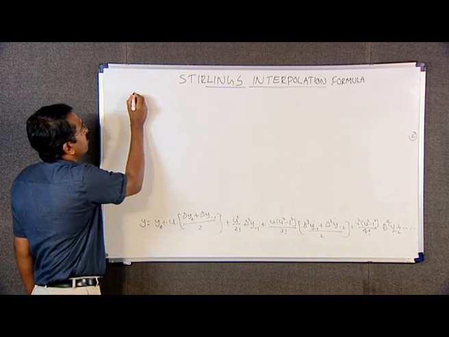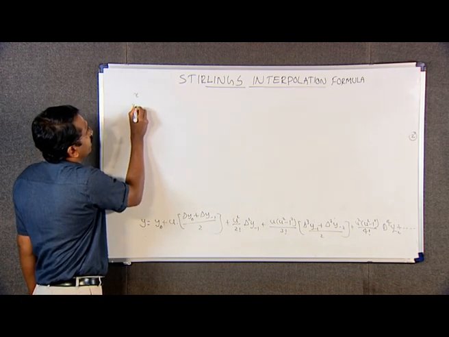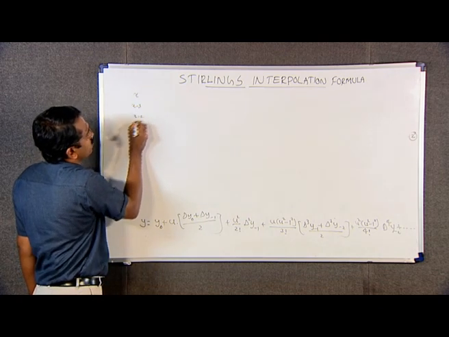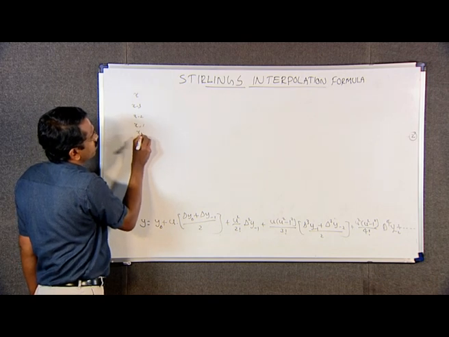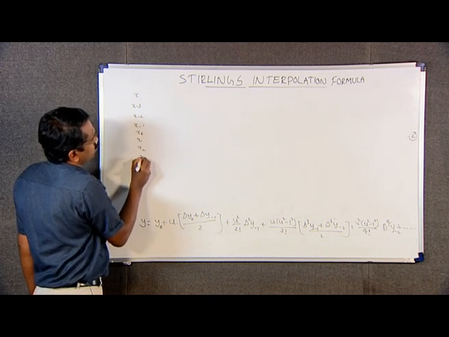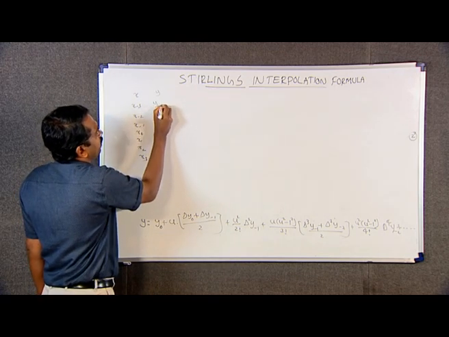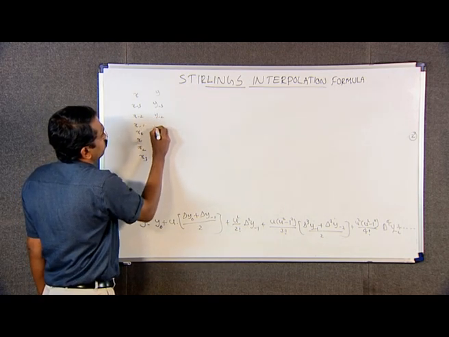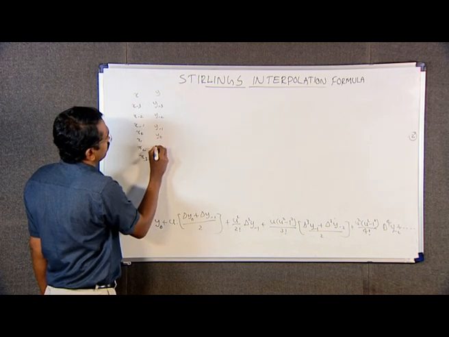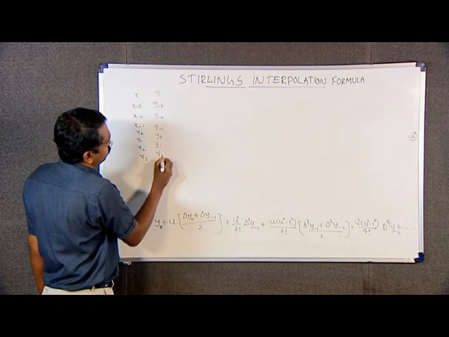The x values are x minus 3, x minus 2, x minus 1, x naught, x1, x2 and x3, and the corresponding y values are y minus 3, y minus 2, y minus 1, y naught, y1, y2 and y3.